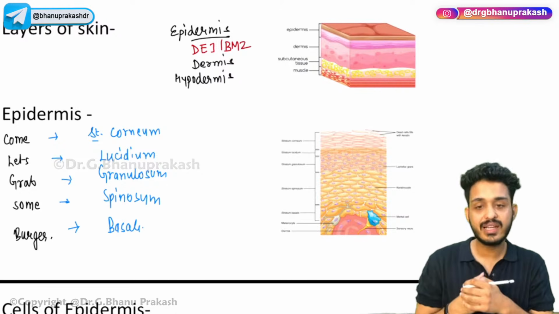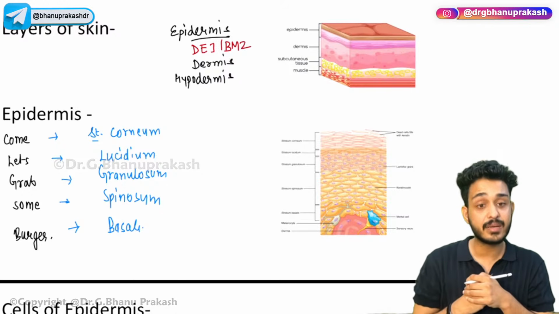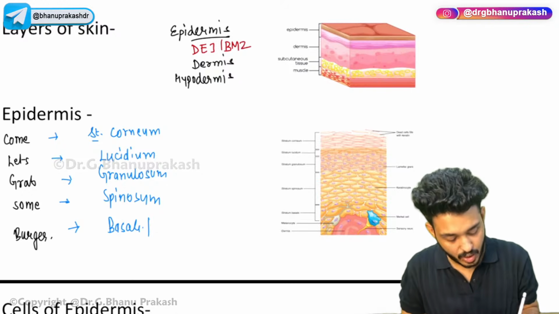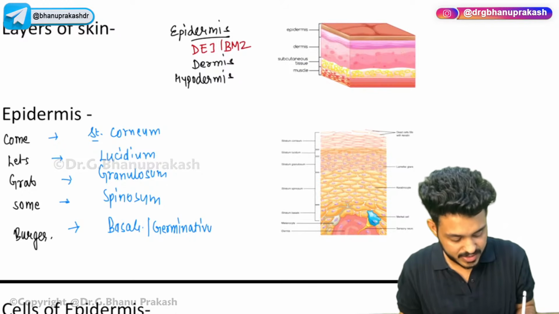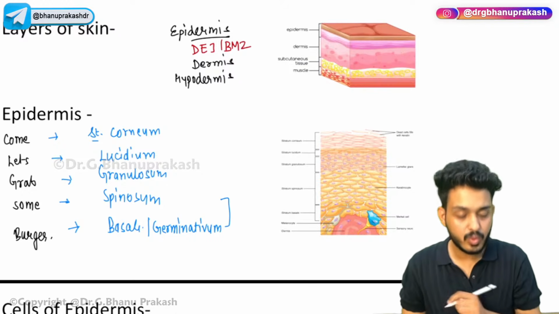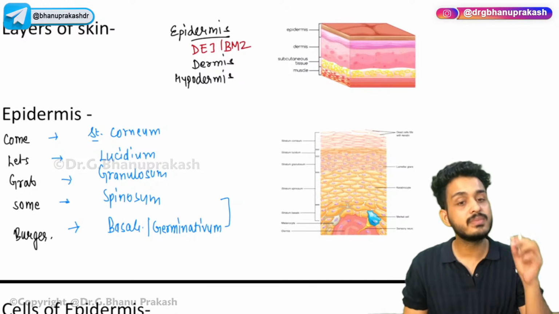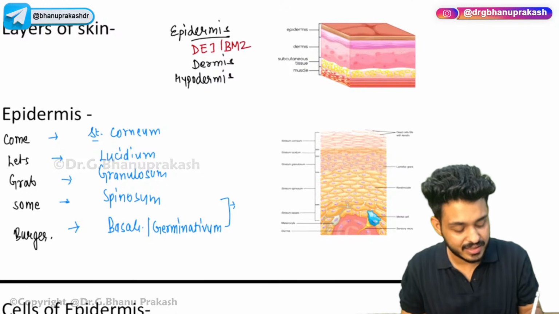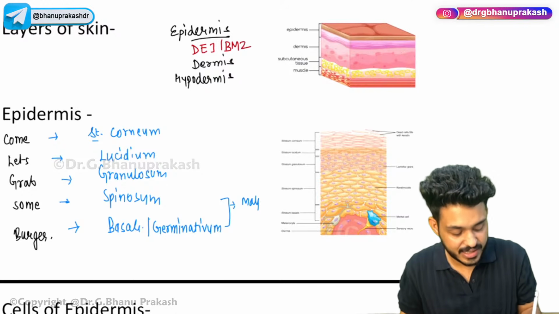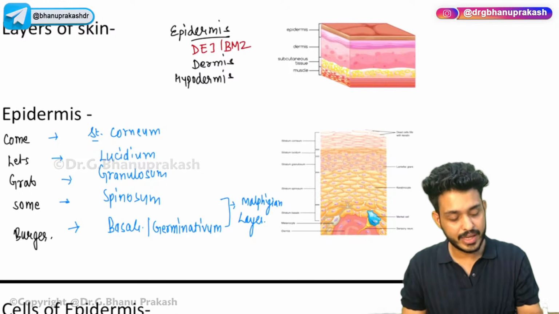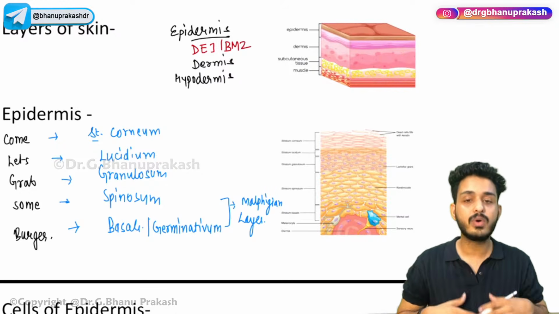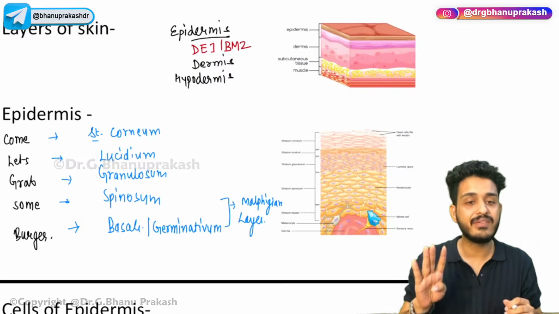Can anyone answer me what is germinativum? Sir, basal is also known as germinativum. Okay, germinativum. And when both these layers, stratum spinosum and basal, come together, this is known as the Malpighian layer. These are the basic terminologies that you should know. One more thing: in all the body you will have 4 layers.